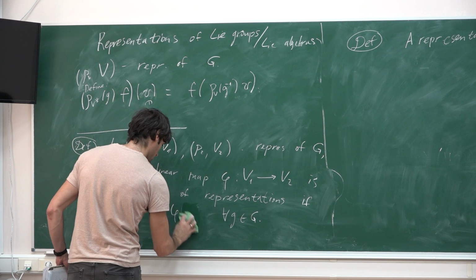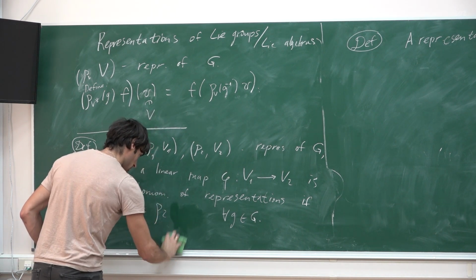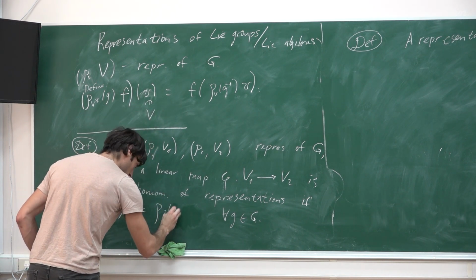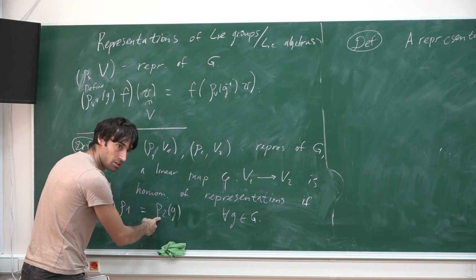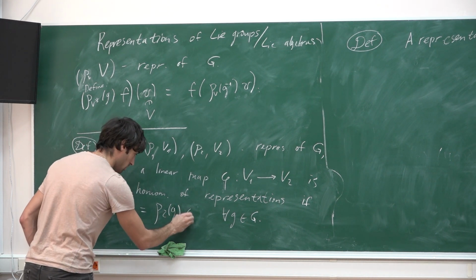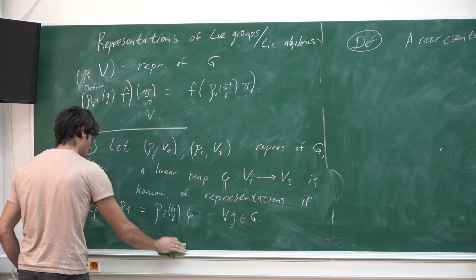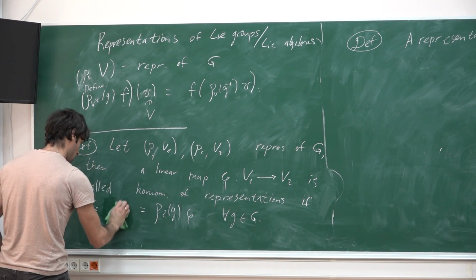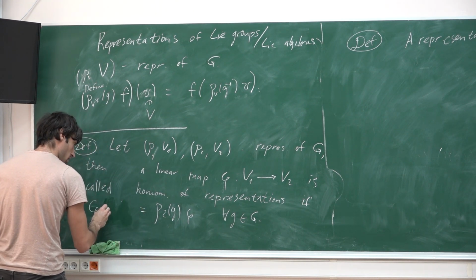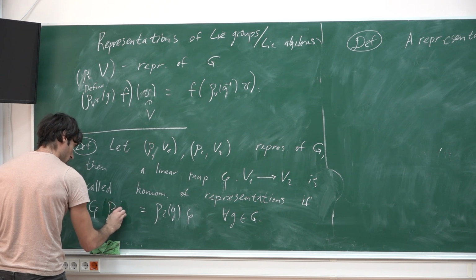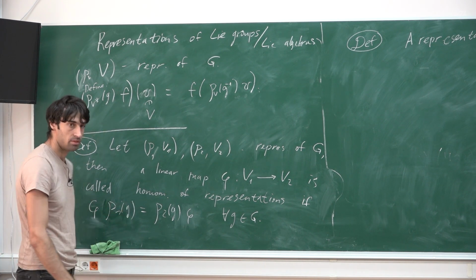I have to put G here, rho 2 of G is a linear transformation, and phi is a linear transformation already. Phi rho 1 of G. Thank you.